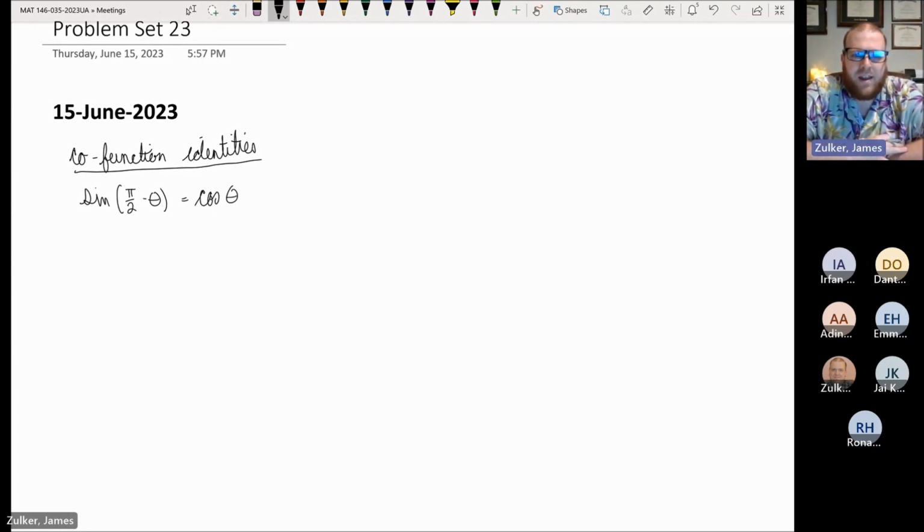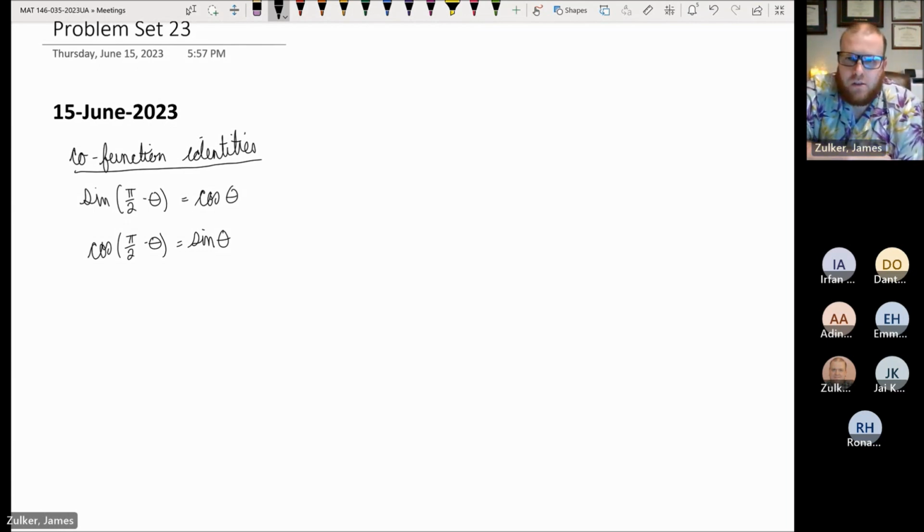Sine of pi over 2 minus theta is cosine of theta. Cosine of pi over 2 minus theta is sine of theta. Those are the two big ones.